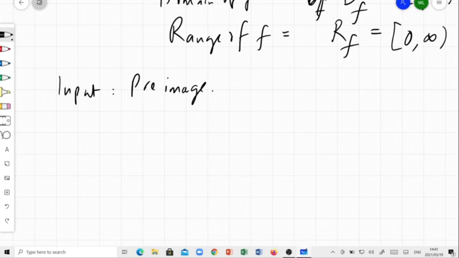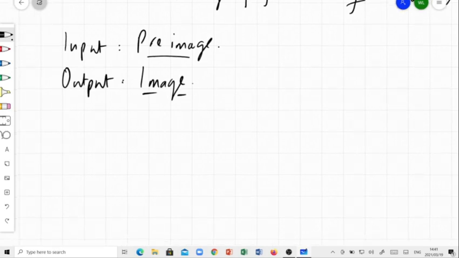So that is why we call it a pre-image or pre-operation. Okay, so this is called a pre-image, and this output, the area, we can also call the image, you see.